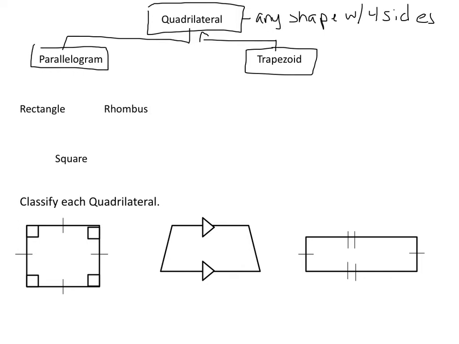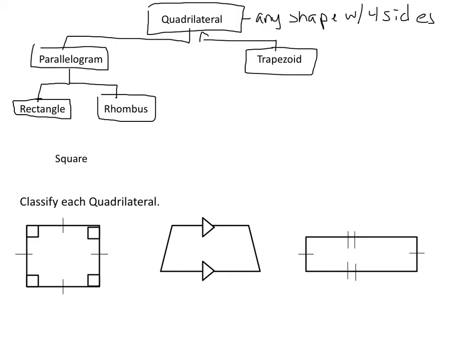From parallelogram, you see our family tree gets a little bit bigger. A parallelogram could possibly also be a rhombus or a rectangle. Now, it can't be a rhombus and a rectangle, but it could be a rhombus and a parallelogram or a rectangle and a parallelogram.